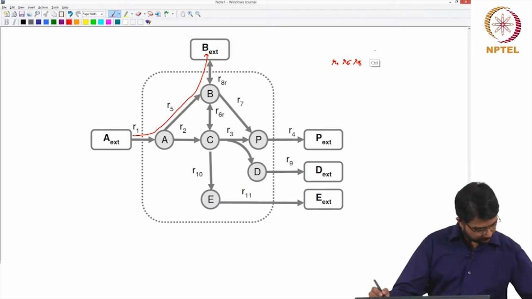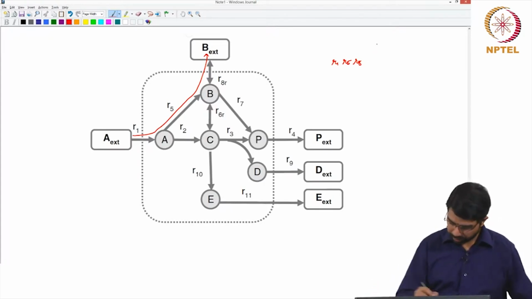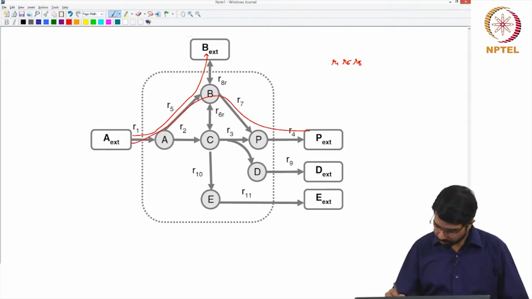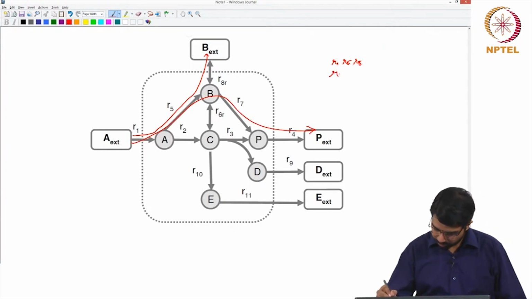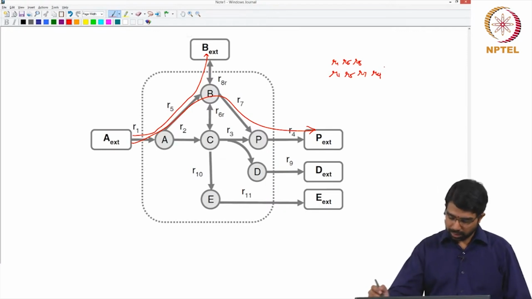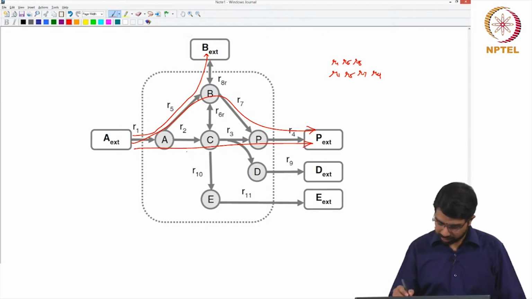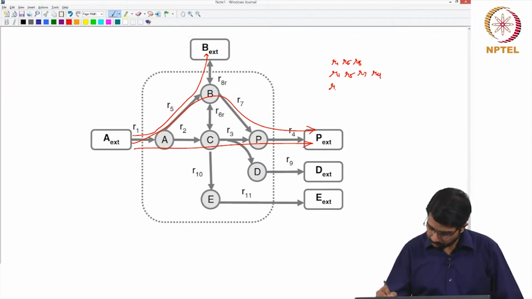Then you have R1, R5, R7, R4. Then here you would have even this, or let us start with this: R1, R2, R3, R4.